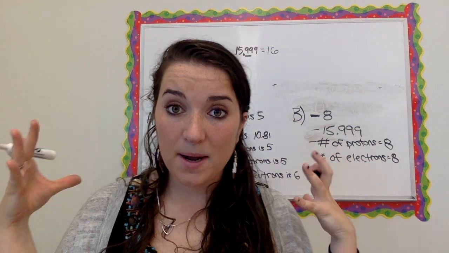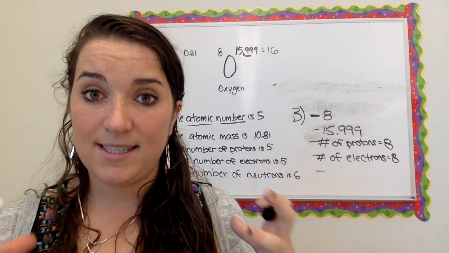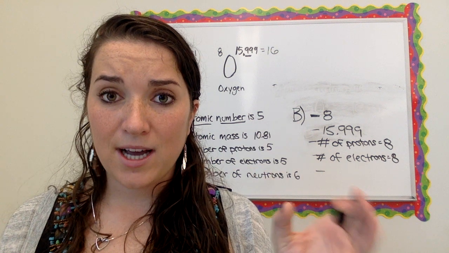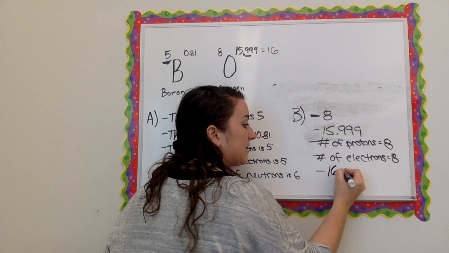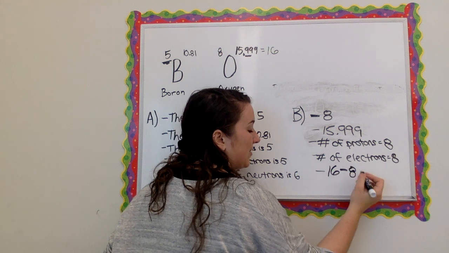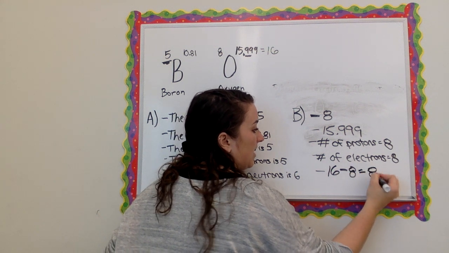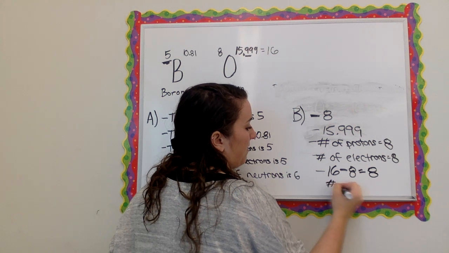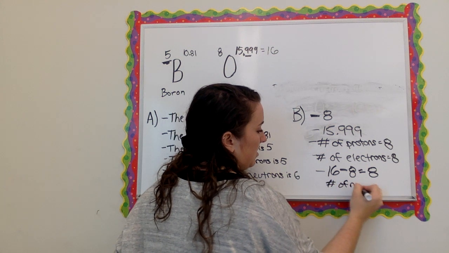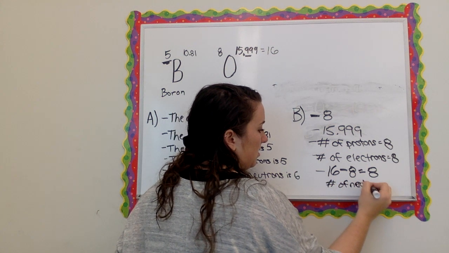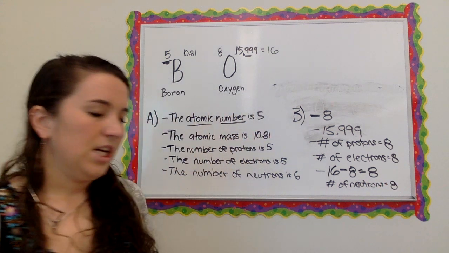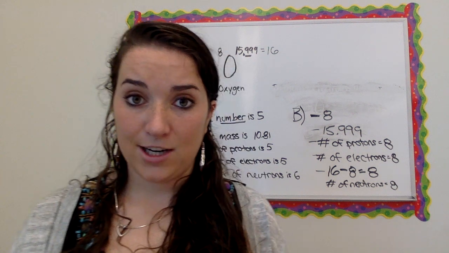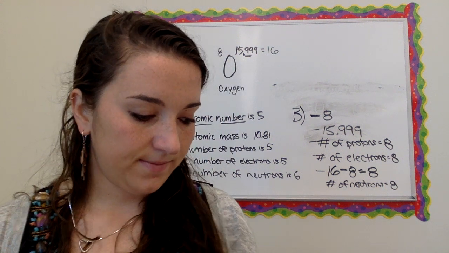If my total mass, the atomic mass, is 16, and there are 8 protons, I can subtract 8 from 16. So I have the total mass minus the number of protons, and I'll end up with 8. So the number of neutrons equals 8. So I have 8 protons, 8 electrons, and 8 neutrons.